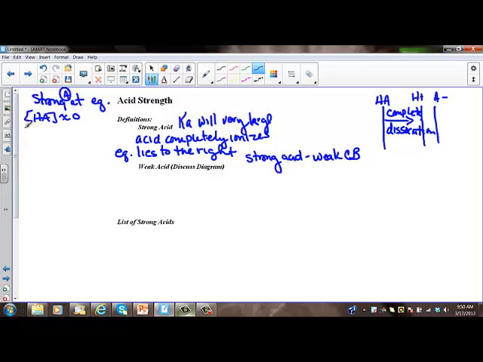What we also know is that the concentration of our H3O plus is approximately equal to the A minus, which is approximately equal to whatever the HA was initially. And I can draw these conclusions just based on looking at that little graph.